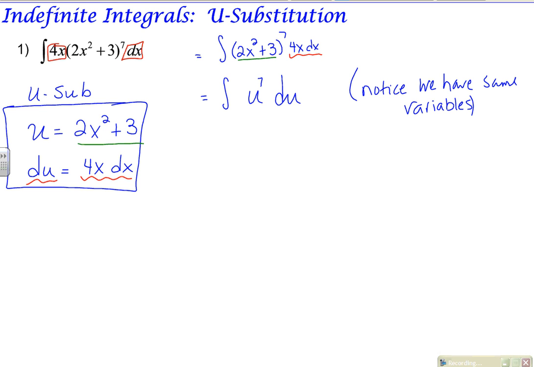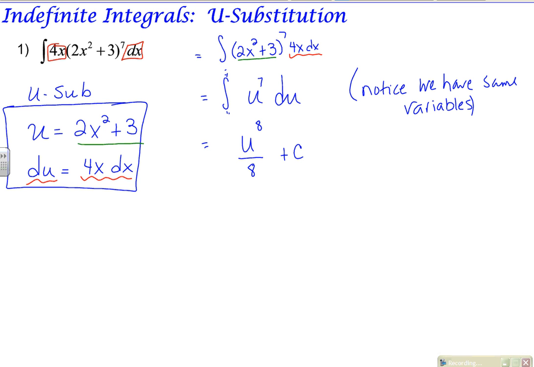So now I'm all in u's, which is great. And now you're looking at this and saying, oh, hey, that's a piece of cake. I know how to integrate with the power rule. U to the 8th divided by 8 plus some constant, because we don't have any intervals of integration. All right. So this is an integral of u to the 7th.